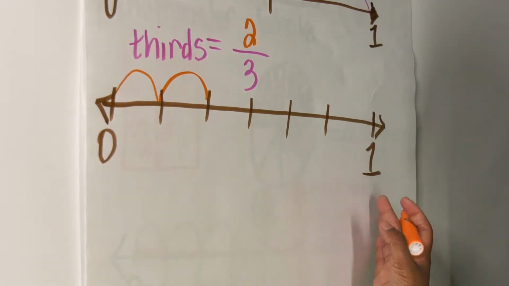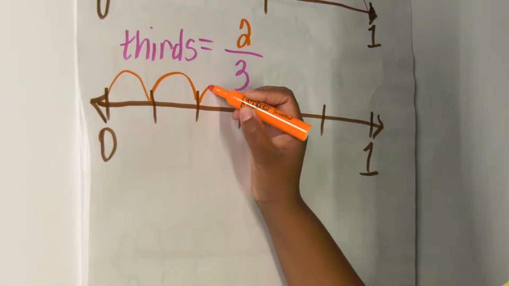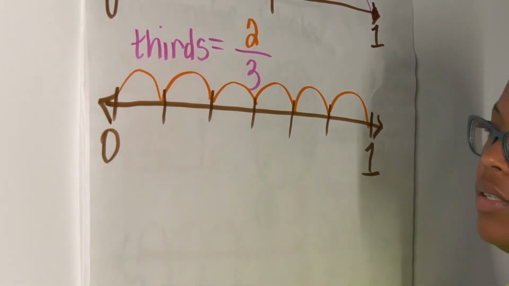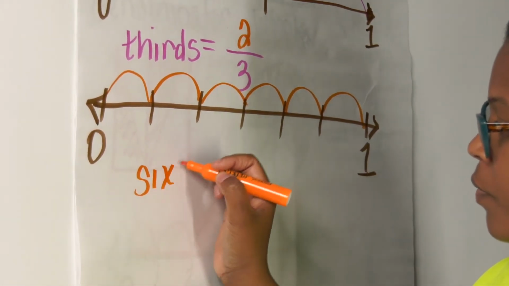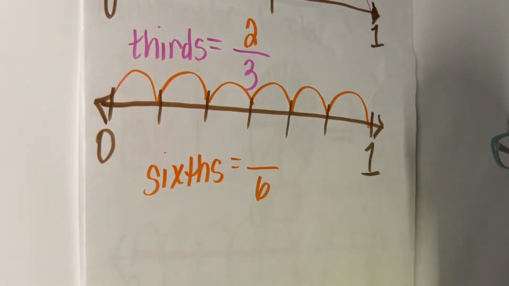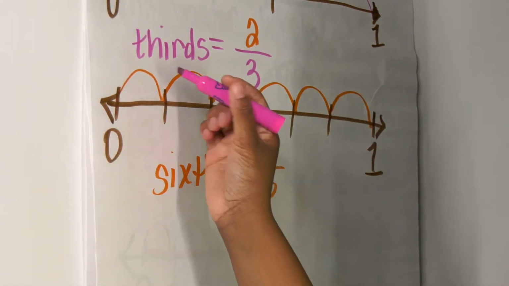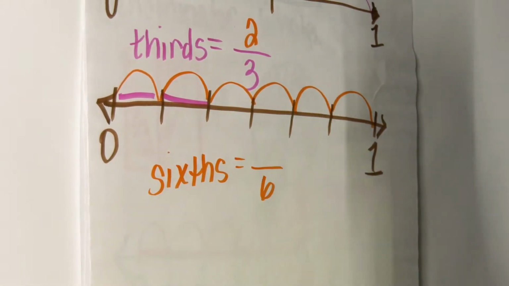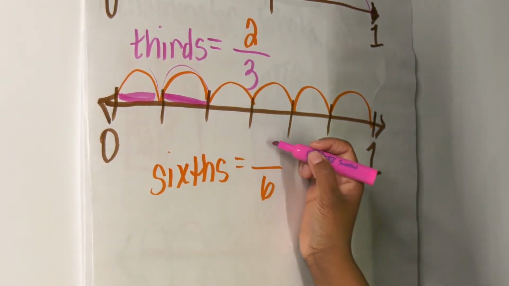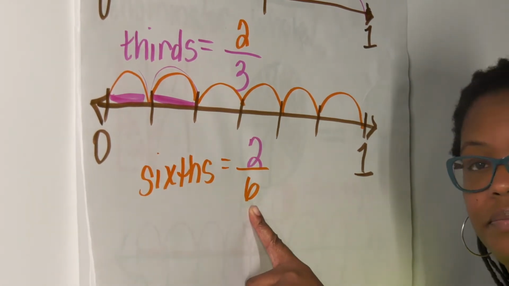Remember, from 0 to 1, however many hops you hop, that's the fraction, that's the whole. 1, 2, 3, 4, 5, 6. So this fraction is in sixths. That means 6 is my denominator, okay? Now let's say out of my 6, you had those 2 pieces shaded, 1, 2. So that means this fraction is being represented as 2 over 6.